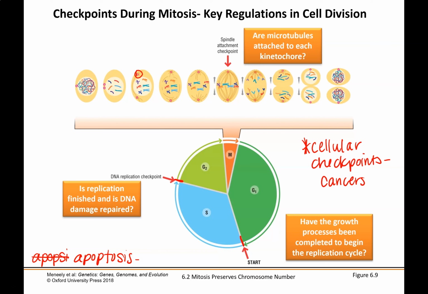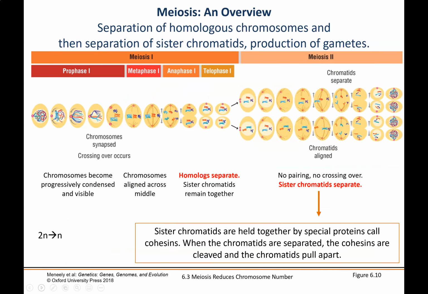Very commonly, these cellular checkpoints are related to genes that are going to allow cancer to develop, because when these checkpoints are overridden, you end up with uncontrolled cell growth where cells are dividing and then end up producing tumors because their proper checkpoints are not being evaluated.